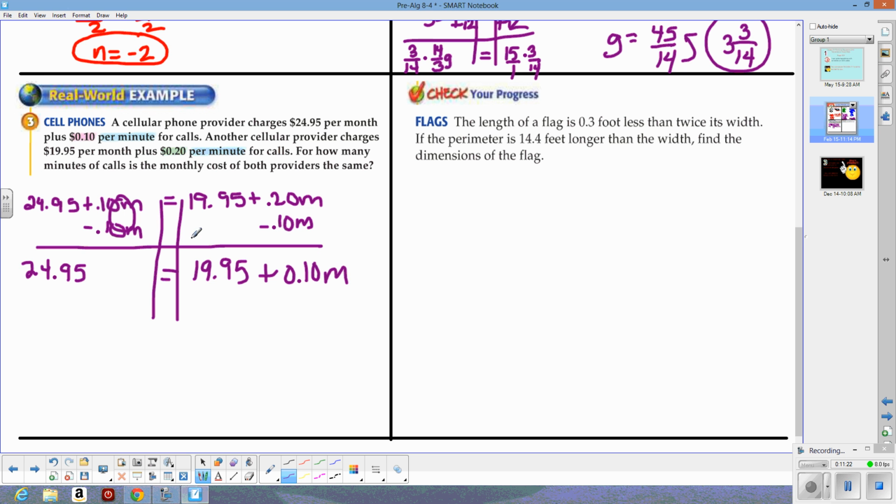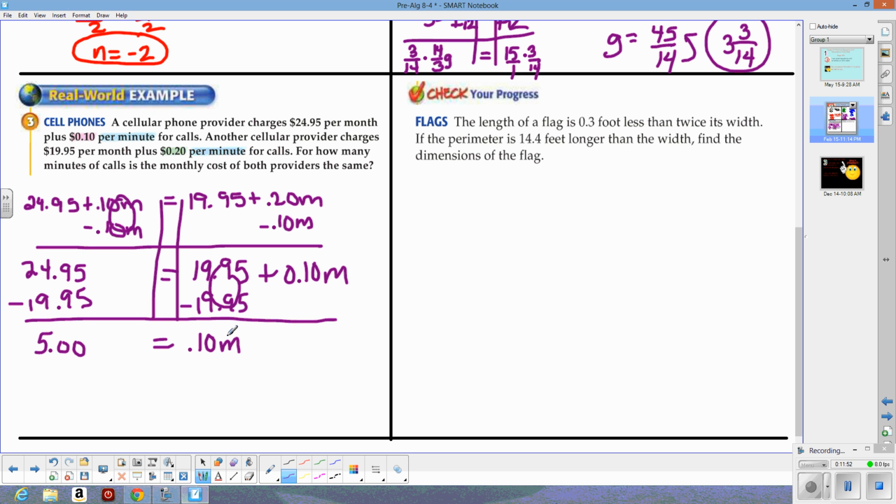Now to get m by itself, I'm going to get rid of this $19.95 by subtracting $19.95 from both sides. $24.95 minus $19.95 is $5. And on the other side, you're going to have 10 cents times the number of minutes.